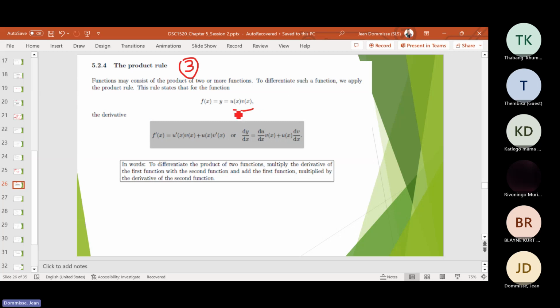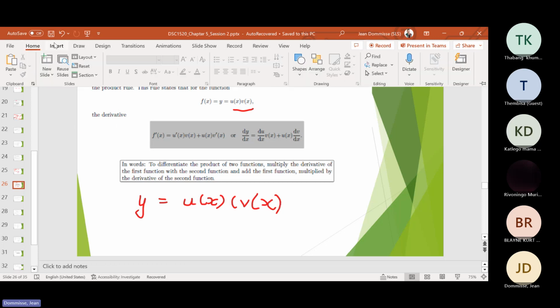But if I look at that, so let's say that was my function, the one function was u(x), the other one was v(x).